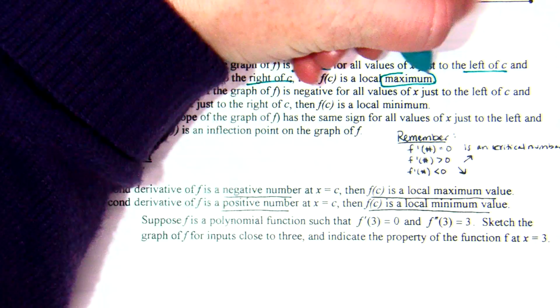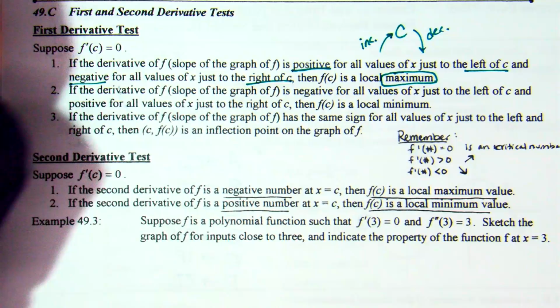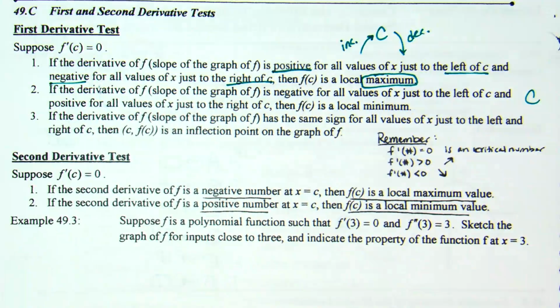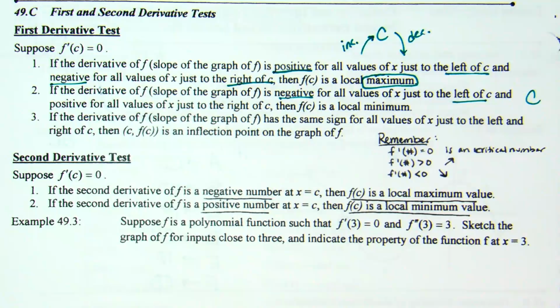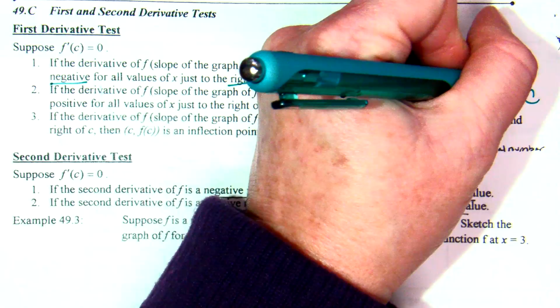Okay? 2 is just the opposite. I'll put my visual of C over there. If the derivative of f is negative for all values to the left of C. So what's that mean if my graph is negative? If the first derivative is negative, it is what? It's going down. It's decreasing, right?